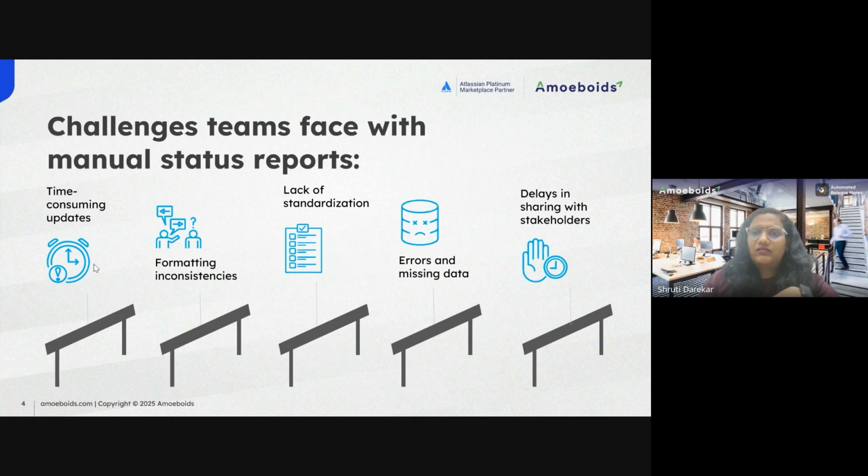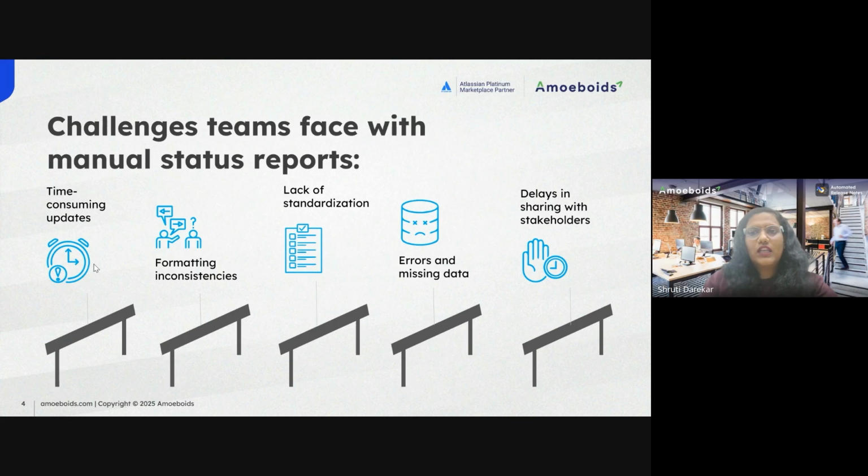That can happen. Because you're doing it manually, human errors are very common, and there could be some missing data, there could be errors in it. Maybe there's a chance that you will copy one description for some issue into another one, and so on. There are many errors that are possible when we are doing any work manually. And of course, when you're doing it manually, the delays are for sure, because it is anyway a time consuming process.